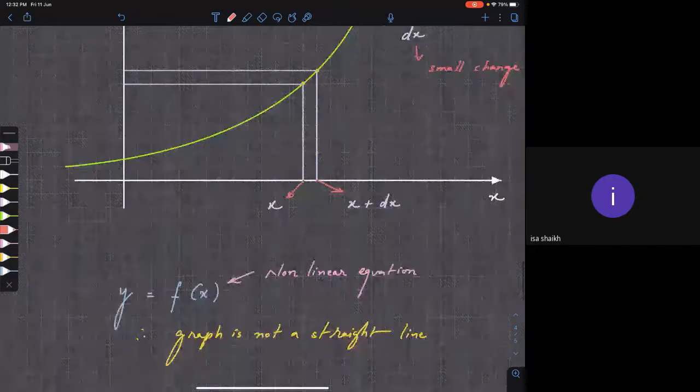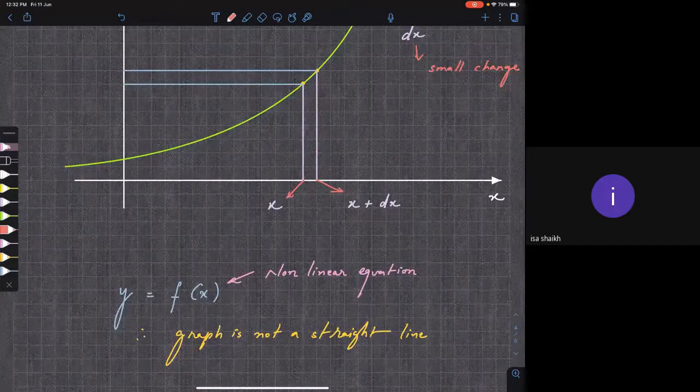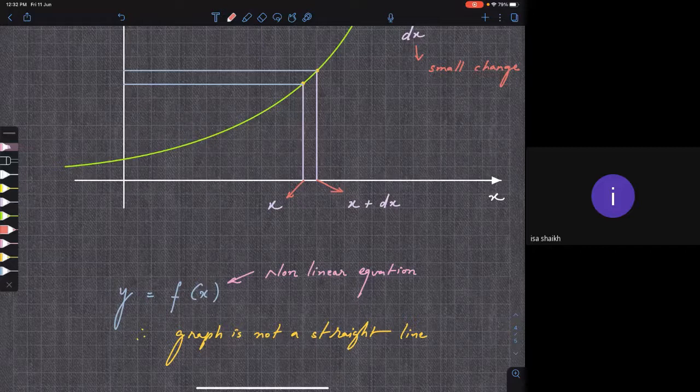Now, if this is x and this is x plus delta x, what will be the length of that yellow line?